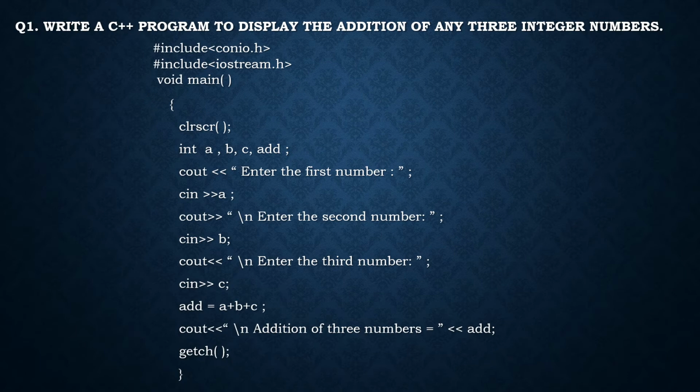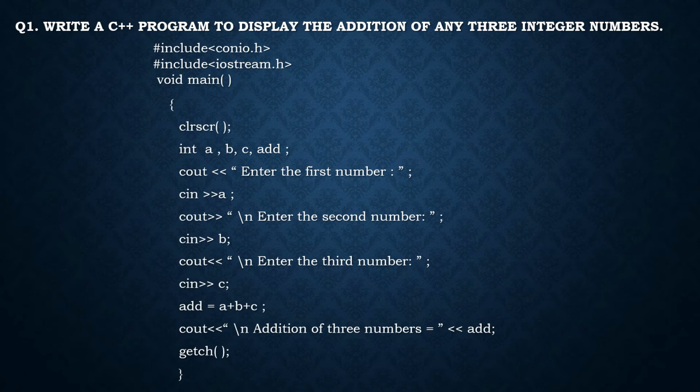After declaring the variables, the next step is to ask for the first number with the help of the cout object. It's not an operator actually, it's the cout object. The cout object is always used for displaying any kind of statement. If you don't write cout, then you cannot see any statement.